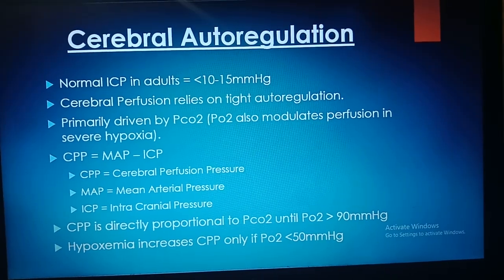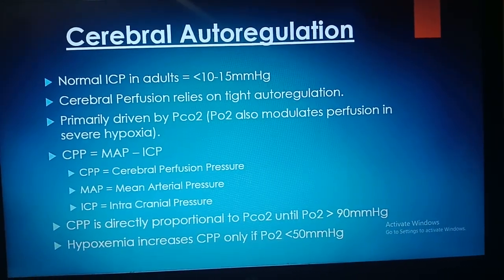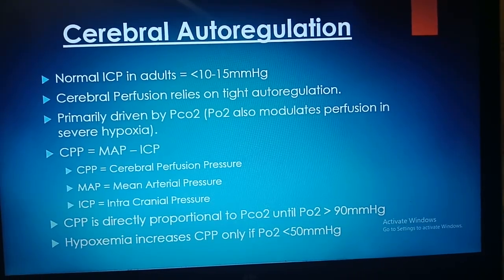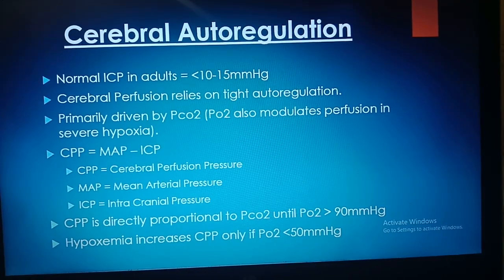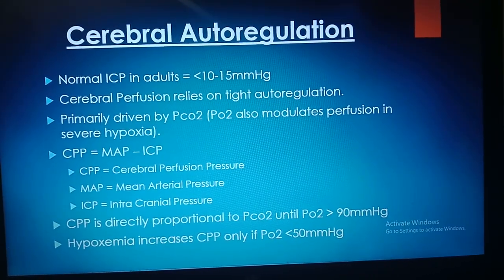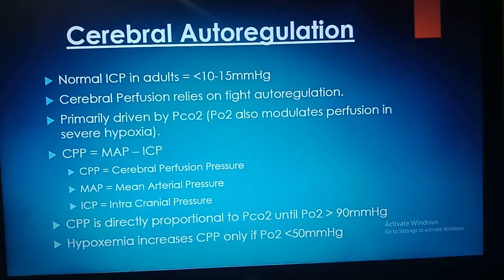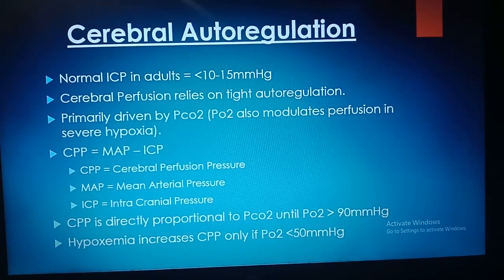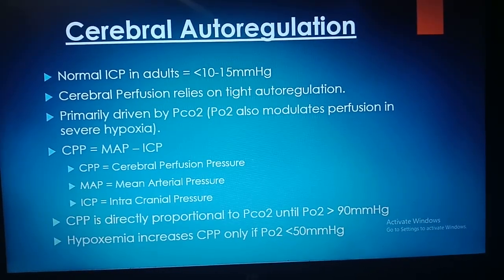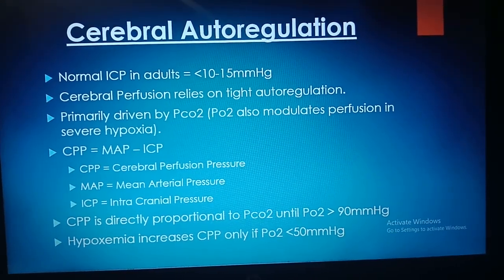But whenever the oxygen falls below 50 millimeters of mercury, it is the state of hypoxia that maintains the cerebral autoregulation. At such a hypoxemic level, it is not carbon dioxide but the oxygen that determines the cerebral perfusion. This equation and these facts are very important in order to understand intracranial pressure.